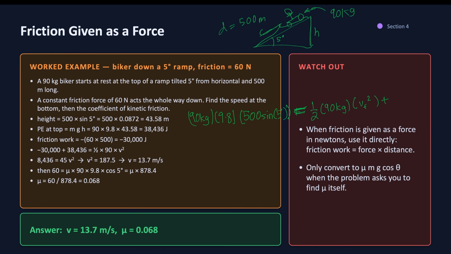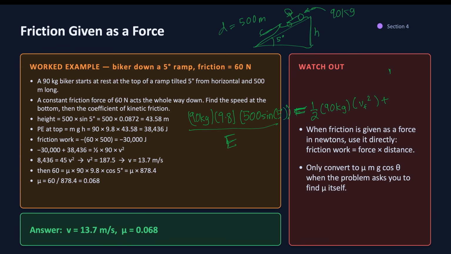We have that, right? You remember when I told you that you can either put friction as positive here or you can put it negative here, because this energy here is getting distributed into two energies. This energy, which is kinetic, and the energy of friction or heat.